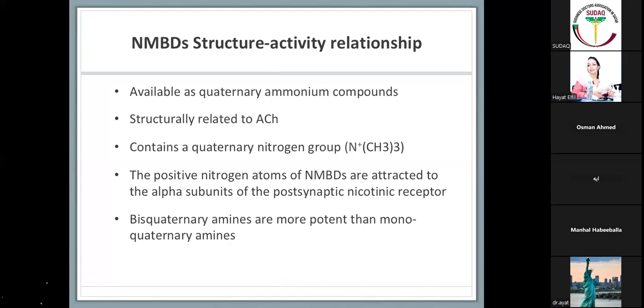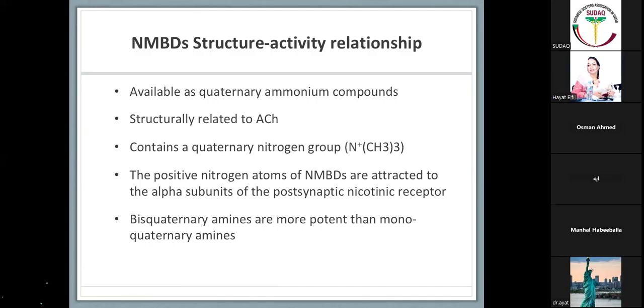Structurally, we can differentiate them into 2 categories, which are bis-quaternary or monoquaternary. From the name, you can understand that the bis-quaternary will be more potent than the monoquaternary. Bis-quaternary agents include succinylcholine, pancuronium, and atracurium. The monoquaternary ones are like rocuronium and vecuronium.